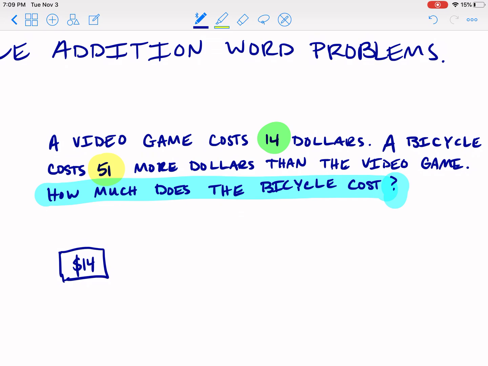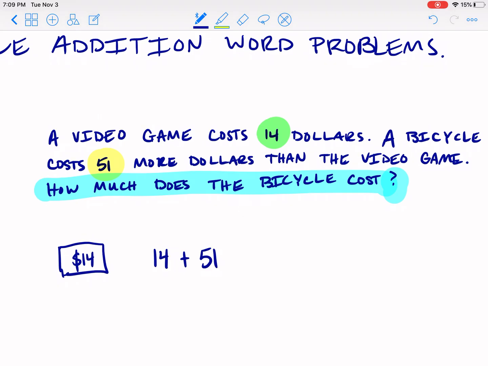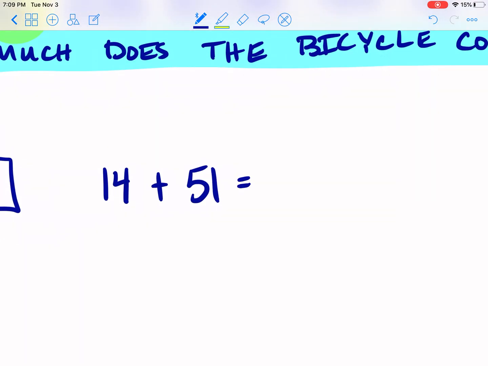So we know that the bicycle is 14 plus 51 because it's $51 more than the video game. So that leads us into our addition problem because it's saying we know how much more, we just don't know the total amount. When we're adding, we're trying to find the total amount of something. So this is going to be our math sentence, so this would be step 3.